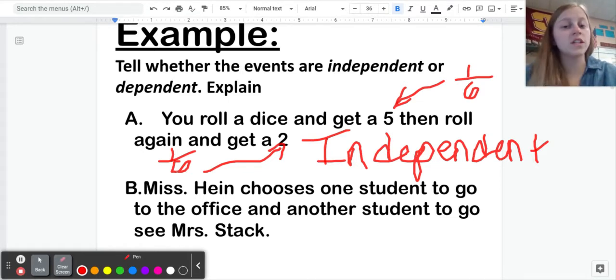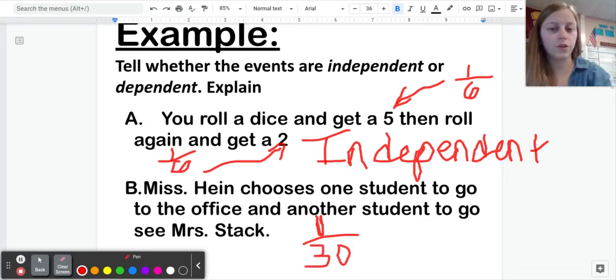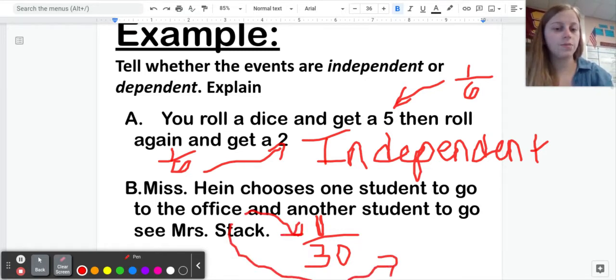Miss Hine chooses one student to go to the office. So I stand them up, I send one student to the office. Then, while that student's gone, I need to choose another student to go help Miss Stack with something. So let's say I choose 1 out of 30 students to go to the office. Then I need to choose a student to go see Miss Stack.